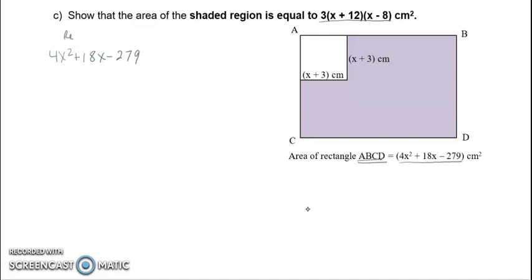That's the rectangle. And then we have to subtract the square, and that square is the product of (x plus 3) times (x plus 3). Just for symmetry's sake, we'll put them all in brackets like that. And this is the area of the shaded part. And we're going to try and simplify this and see if we can turn that into the expression you see over there.